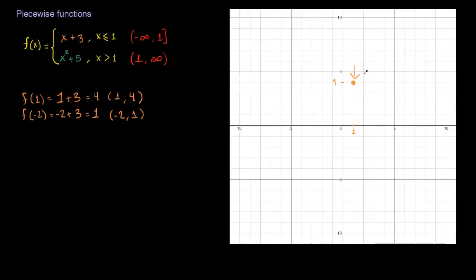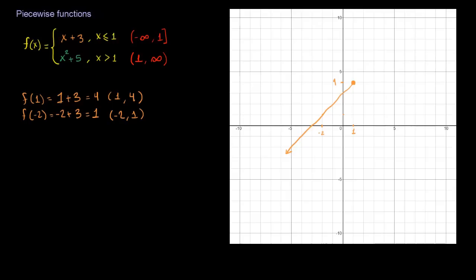Then the other value, negative 2, 1, would be here, a little dot, and we join the dots. I'm sorry, not much of a drawer. Imagine this is a straight line. This would be the sketch of this part of the piecewise function.